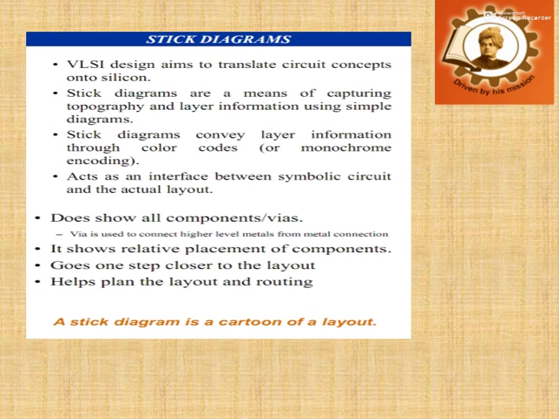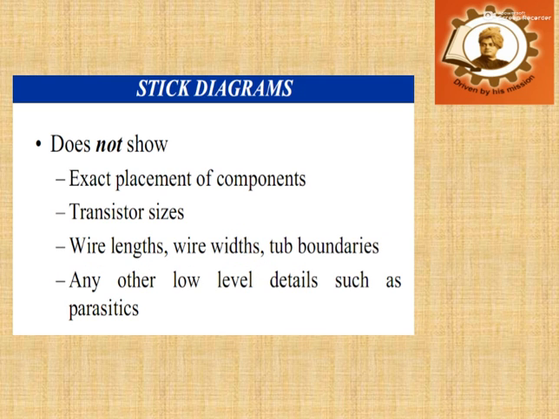A stick diagram may be called a cartoon of a layout. It does not show the exact placement of components. It does not show the transistor size, wire length, wire width, and tub boundaries. Any other low-level details such as parasitics we cannot get from the stick diagram.